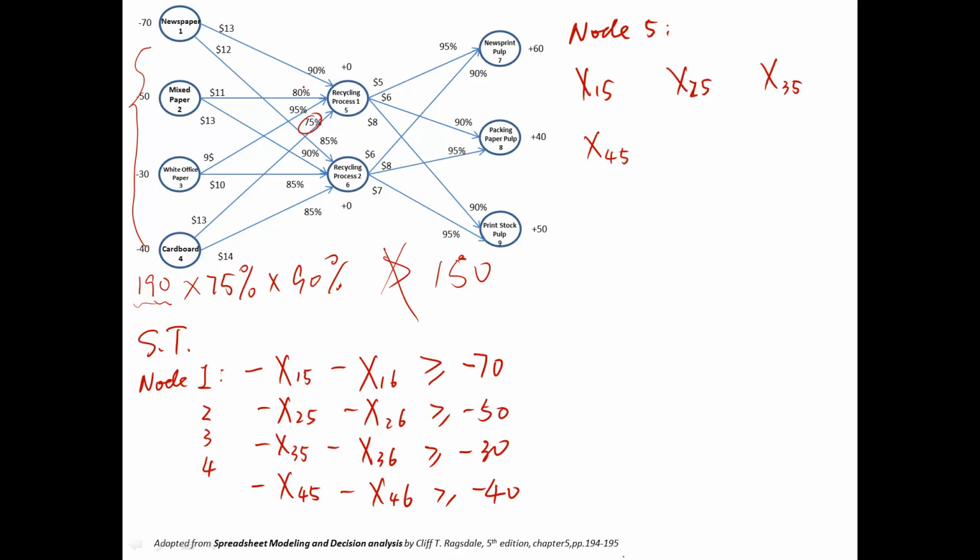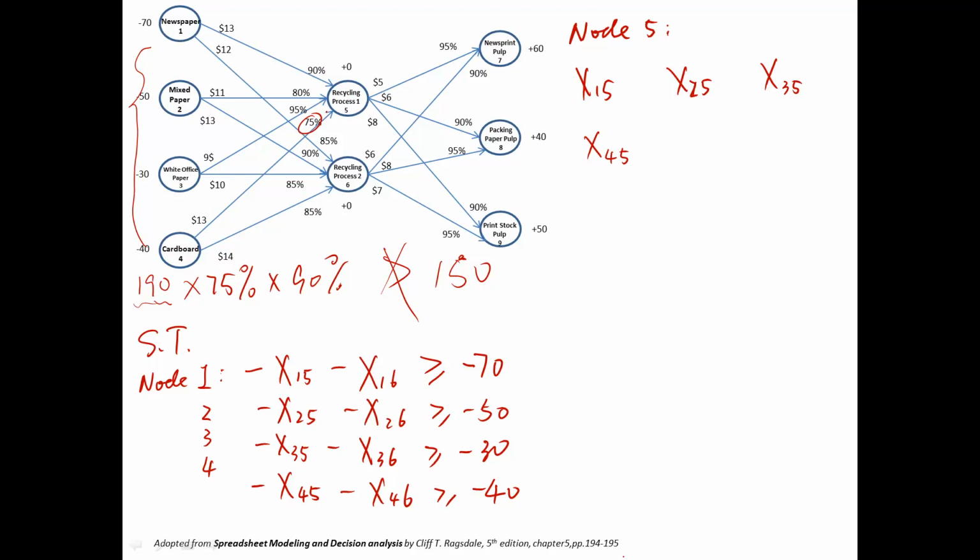Remember, there is a yield rate, which means the loss has happened when those volumes were sent from the 4 nodes to node 5. And when they actually reached node 5, those losses had already happened.